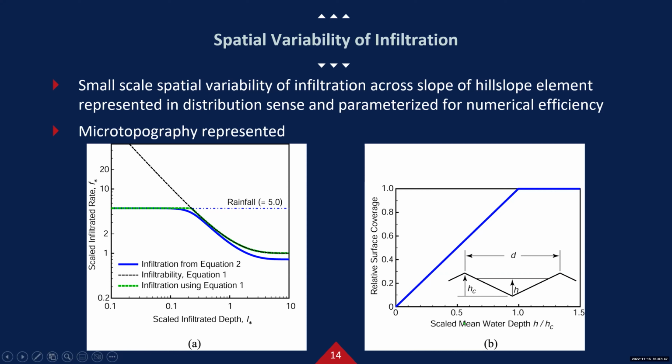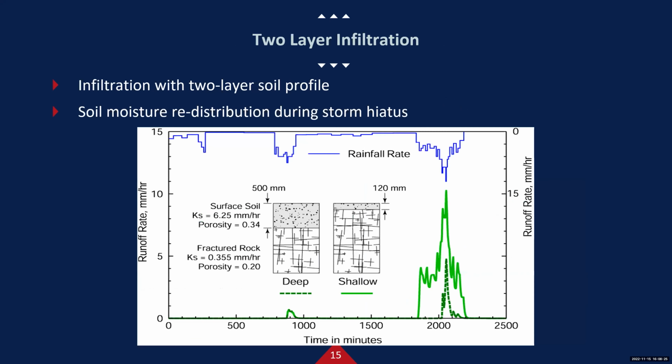And what we find is that after the rainfall stops and you've got a recession going on, you start concentrating flow in the microchannels. So when it rains, it's raining over the whole hill slope, and you've got infiltration going on here and here. When it stops raining, it's only going on over this area. So this is a way to reduce the wetted area, if you will, and we find this does a lot better in terms of representing recession characteristics.